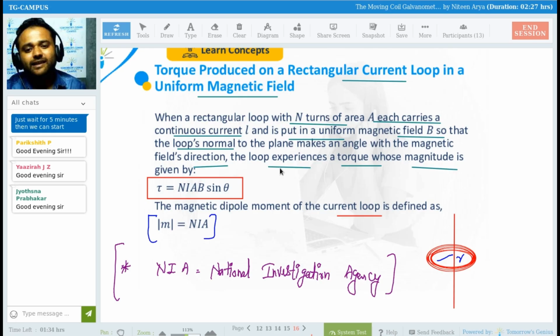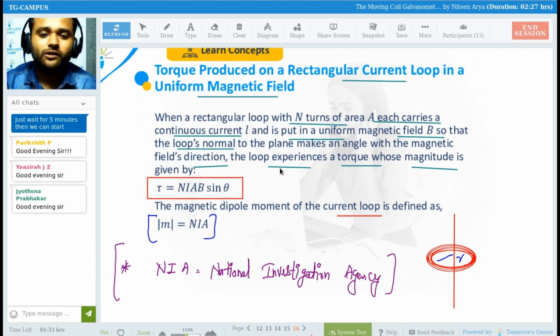So NIA, National Investigation Agency, IB, Intelligence Bureau, something like this, in which you do the major work without getting the fame and name. Okay, isn't it? So these are the curious jobs. IAS, IPS are the hardest thing. These are not that curious, but very responsible jobs. Okay, so this NIA comes from this.